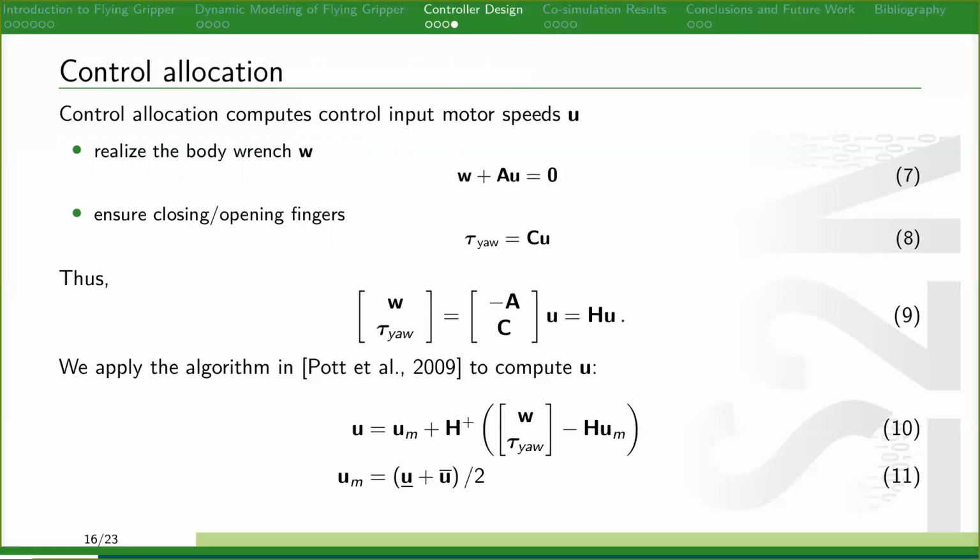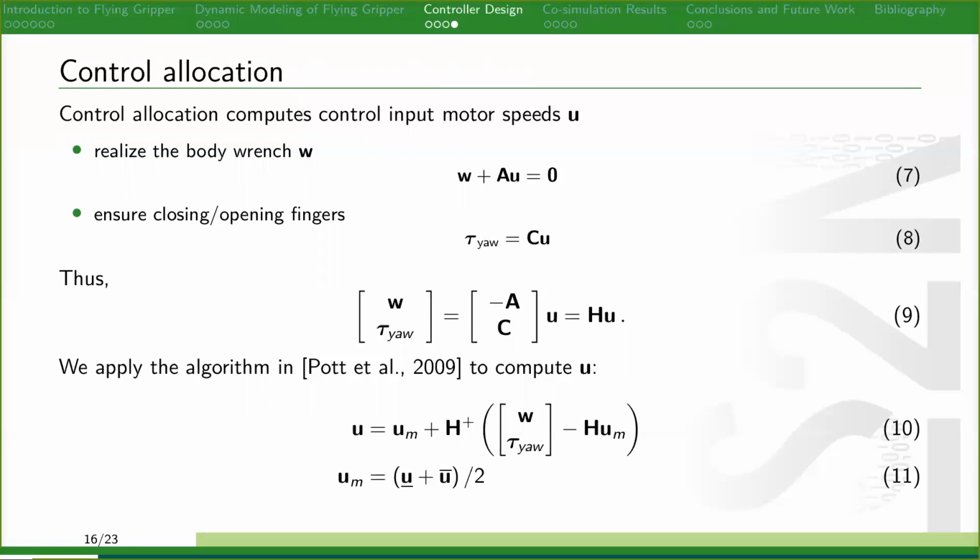Second, it must produce yaw torques of the quadrotors in order to close or open the fingers. This is modeled by equation 8. The final allocation problem is formulated in equation 9.